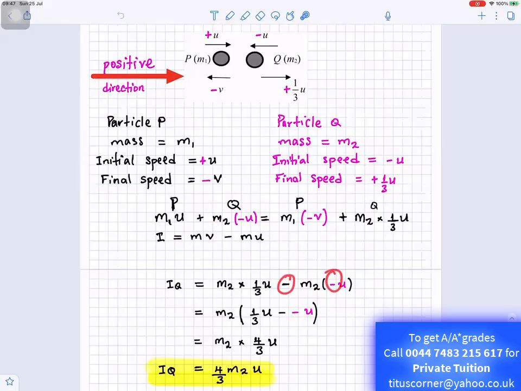Minus and minus makes a plus. So 1/3 u plus 1u, 1/3 plus 1 is 4/3. So it gives you 4/3 u times m2. So the impulse for Q is 4/3 m2 u.